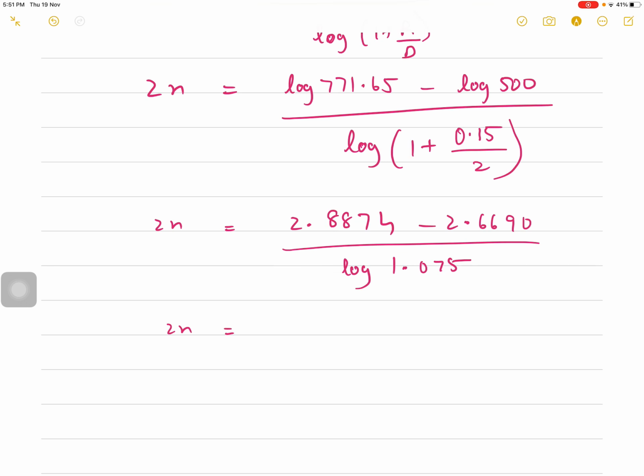2n is equal to 0.1884 divided by, 10th row, 7th column, 5 is the mean difference.